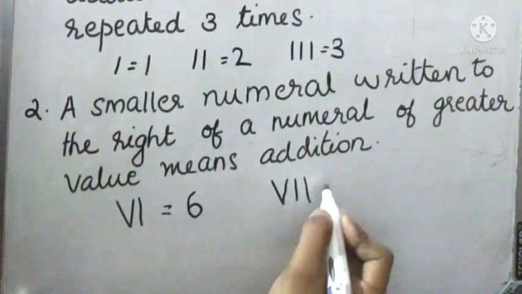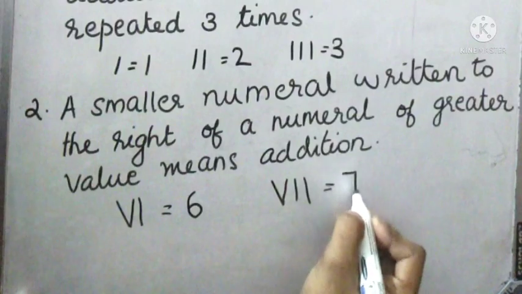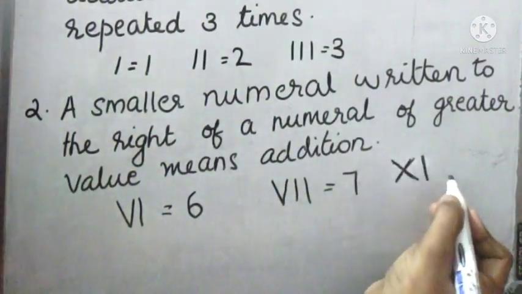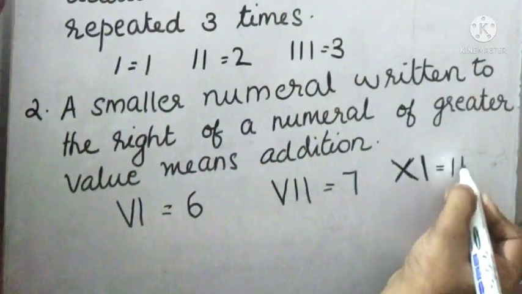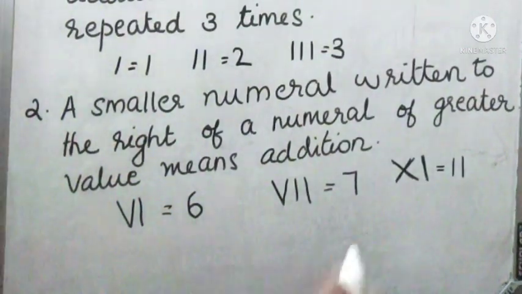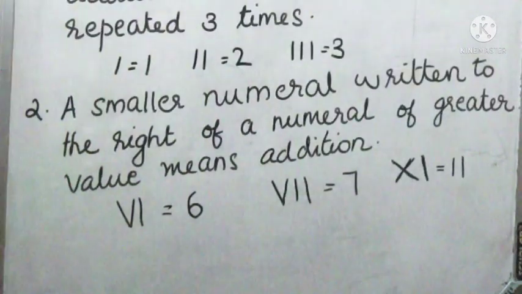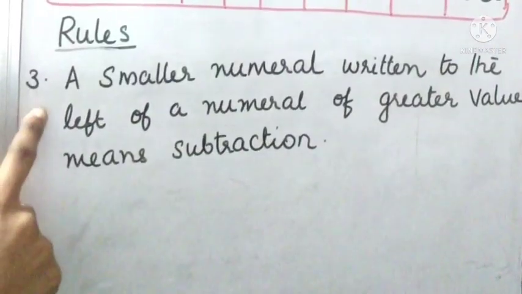V and 2 I's means 5 plus 2, 7. When I is written after X, it is 11. How did you get that? X means 10, I is 1. That is 10 plus 1 equal to 11.